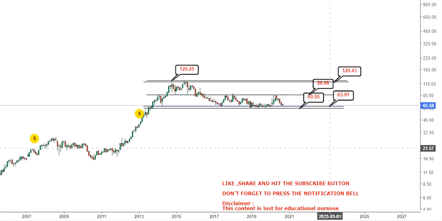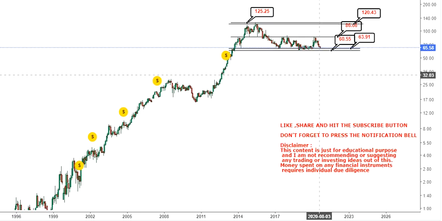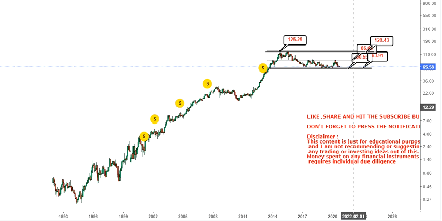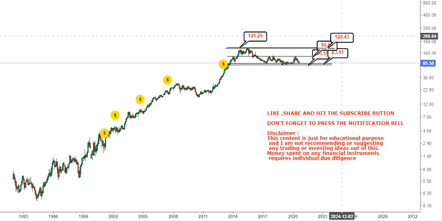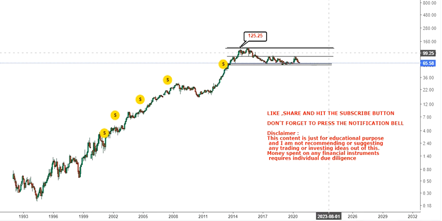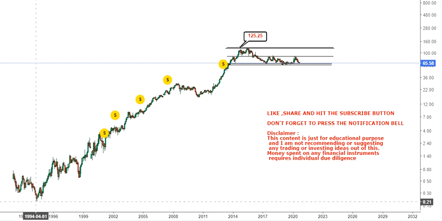Now coming back to the long-term trend. For the time being I'm just removing these things. One thing to understand here is that this is your support level.